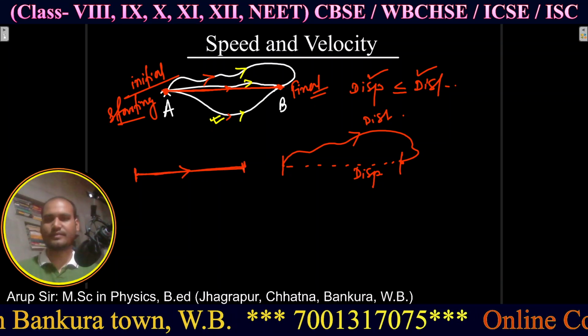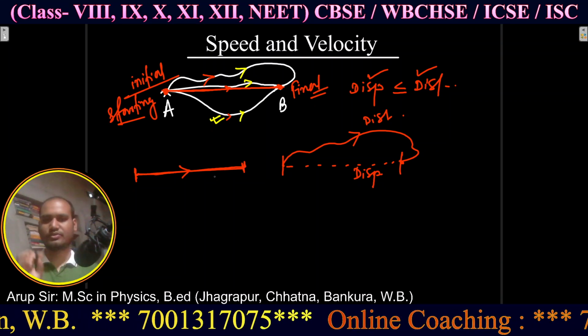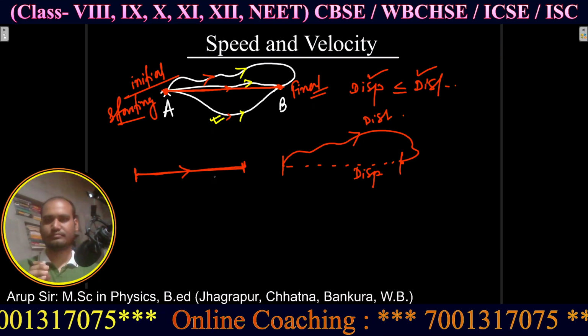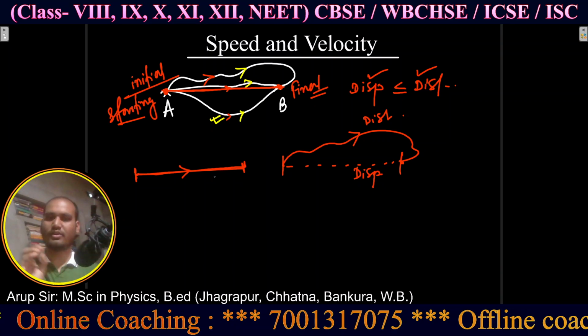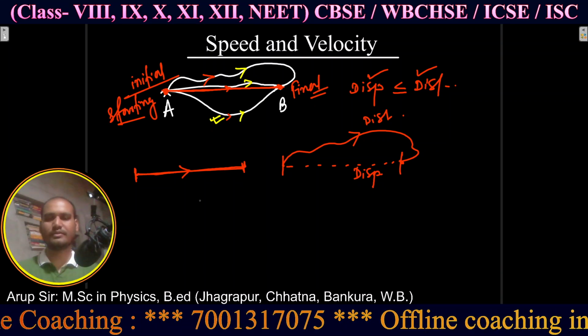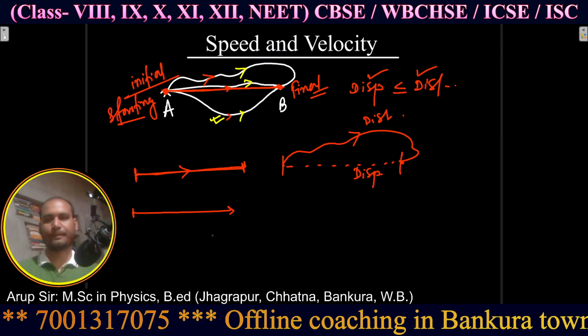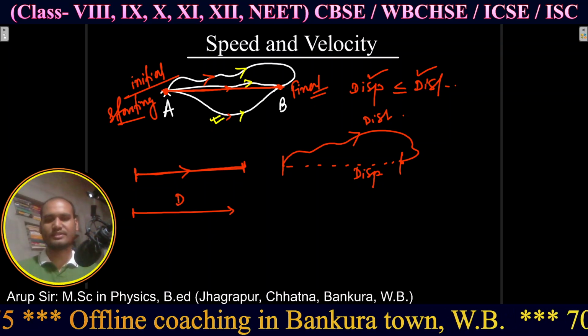This is the first fact. And not only a straight line path, but also the direction of motion will be the same, means the direction will not change. I am giving you an example, like from this point to this point you are going. So for this path, distance is equal to displacement.